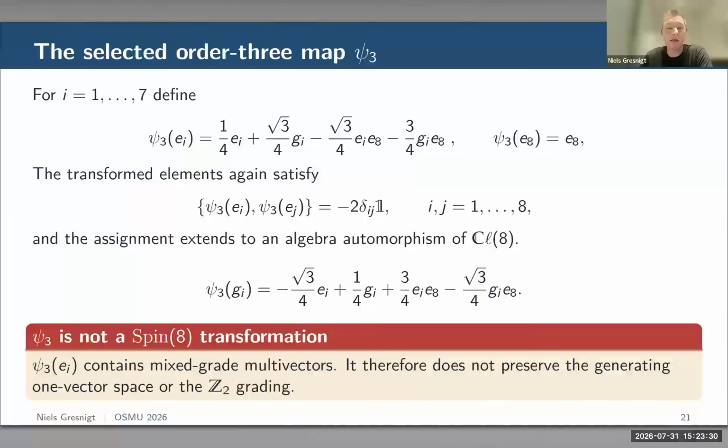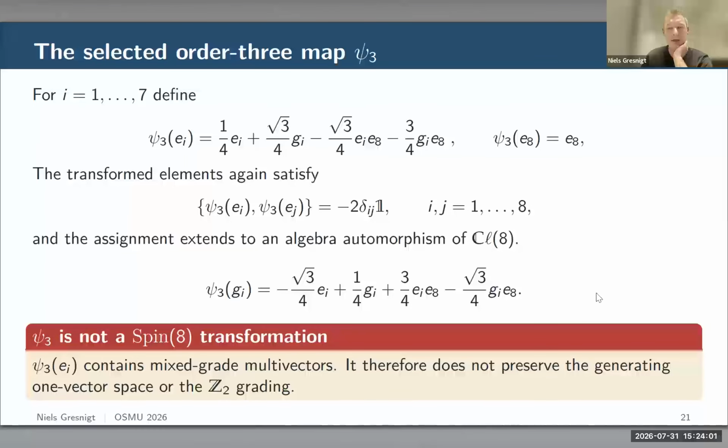And so that means that the psi3 extends to an automorphism of the whole Clifford algebra. It also means that these transformed elements, psi3 of EI, correspond to just another basis for CL8. And because we have an algebra automorphism, it means we can determine also what the action of psi3 on these other elements GI is.